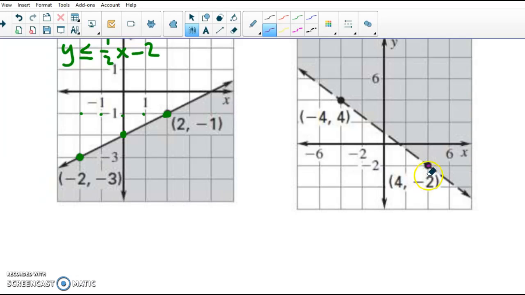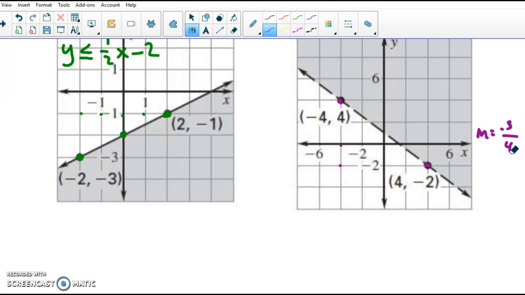Using the 2 points given, (4, -2) and (-4, 4), I'm going to calculate my slope. So from one point to the next, that's a rise of -1, 2, 3, and a run of 1, 2, 3, 4.